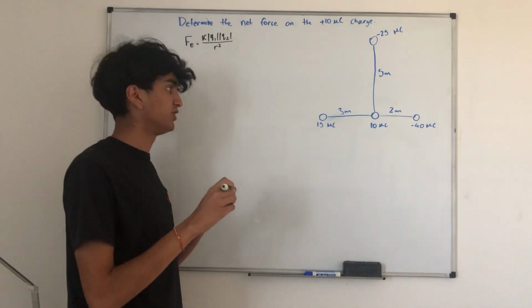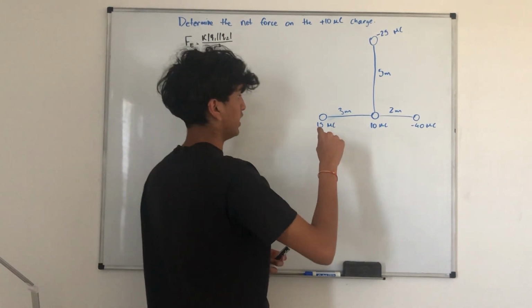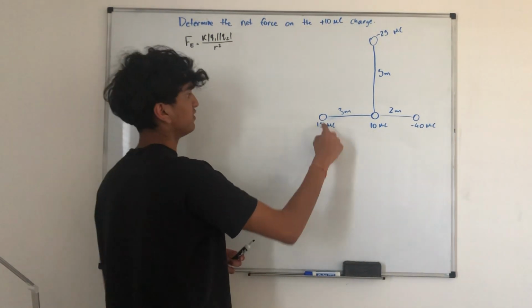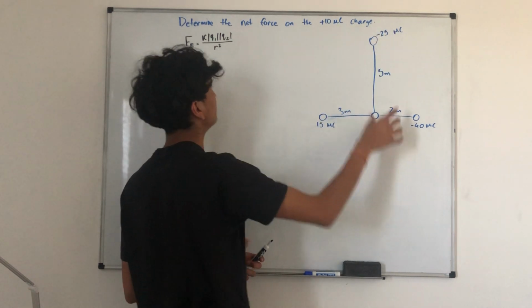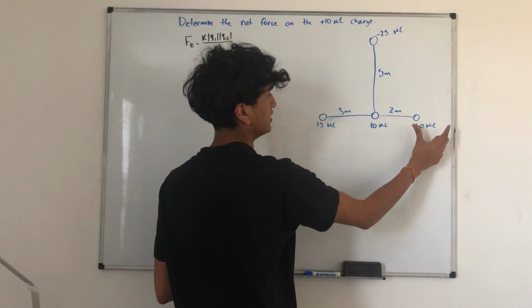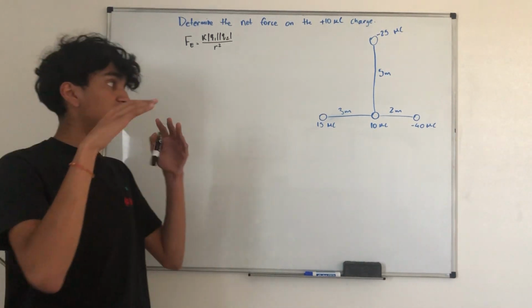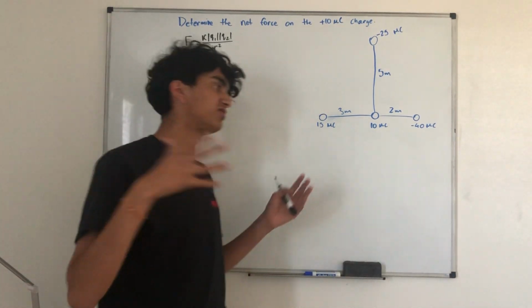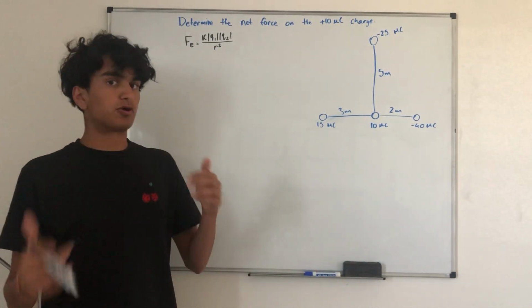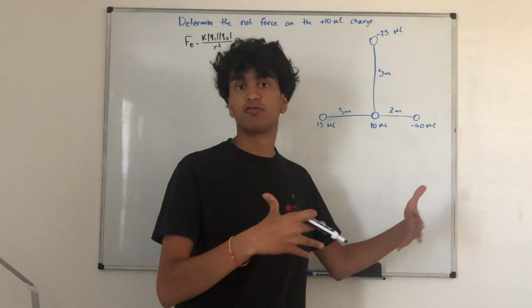You can't simply plug in these two and the distance, then add that to these two, and then add finally the force between these two. You can't just add up 3 forces because they're all in different directions, or at least some of them. Some of them are vertical forces, some of them are horizontal forces.